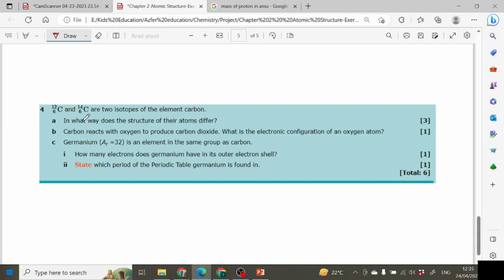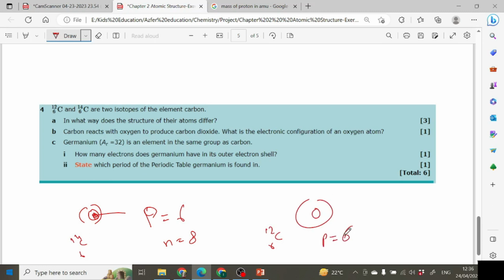Their structure differs because in carbon, in the center, for example, this is the nucleus, it has 6 protons and 8 neutrons in the case of carbon C14, and in the case of carbon C12, in the nucleus there are 6 protons and also 6 neutrons. That is the way their structure differs.